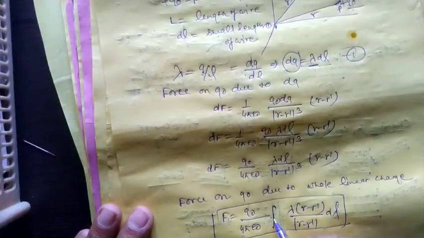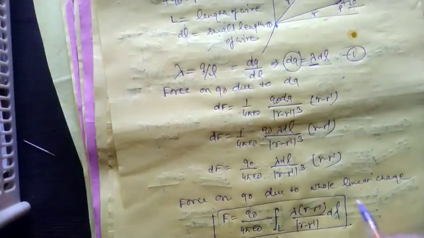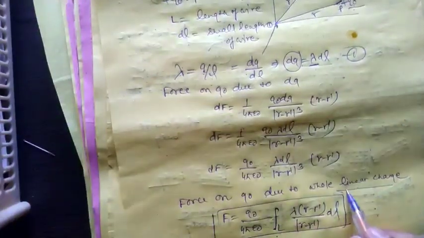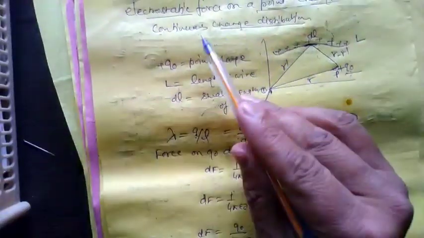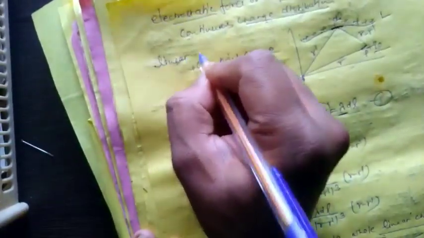L is the integration length, which covers the whole linear charge. This is for linear charge distribution.